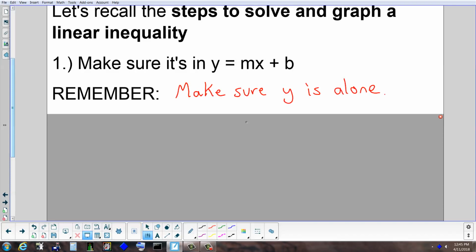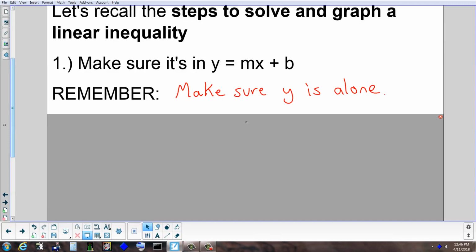So we want to make sure that y is alone. All right. So first thing, we want to make sure it's in y equals mx plus b. Next thing we have to do.